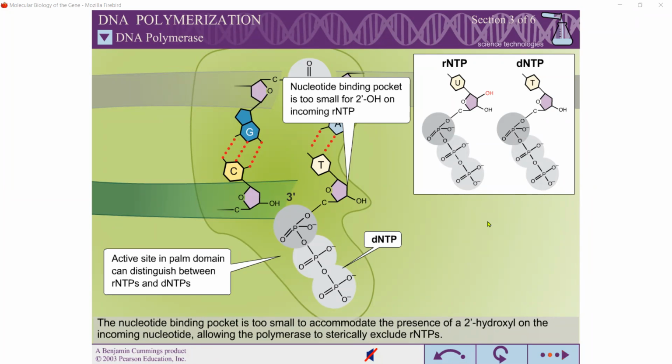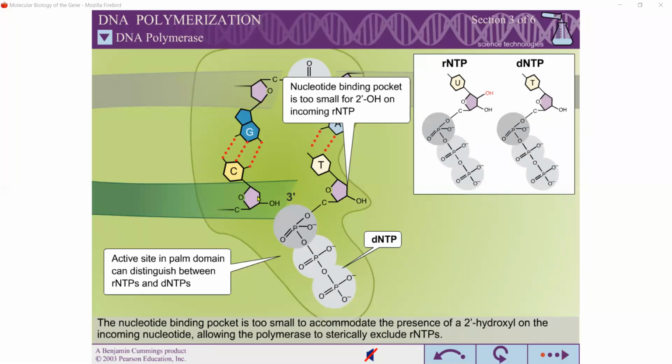As I said, the next step will be the removal of hydrogen from the oxygen and the attack of the oxygen on this alpha phosphate. There is one thing that I would like to point out here itself.